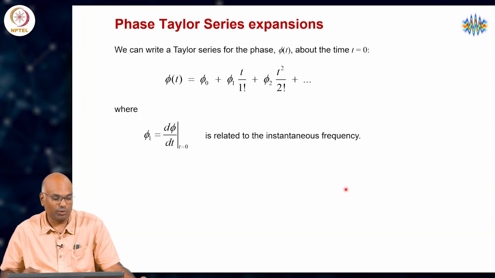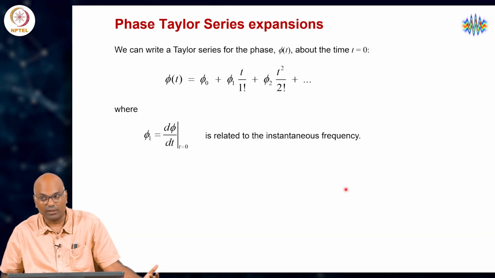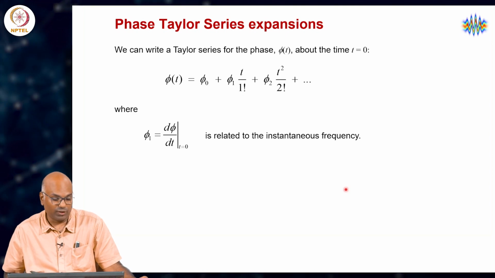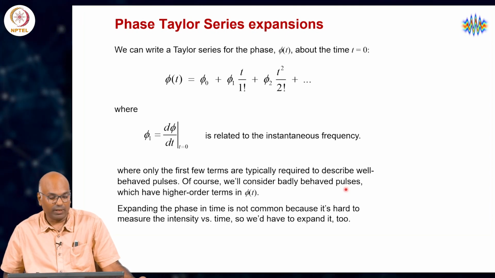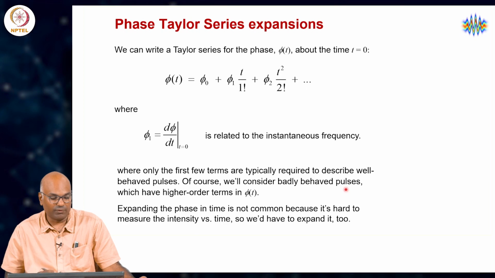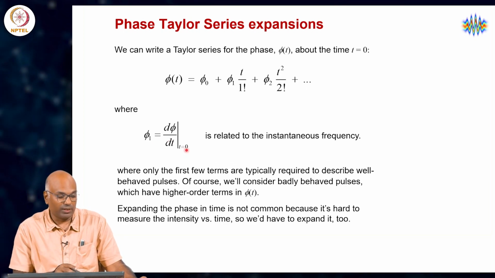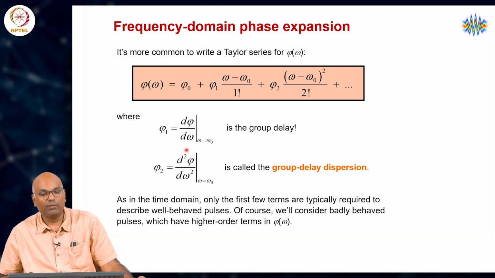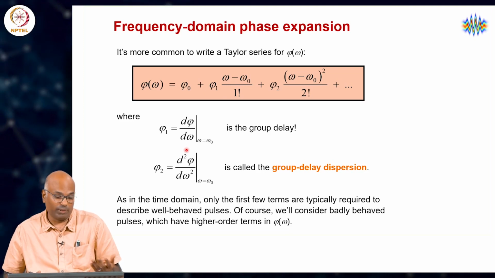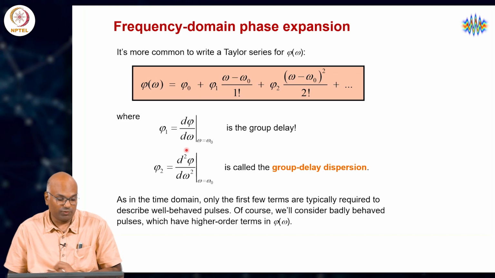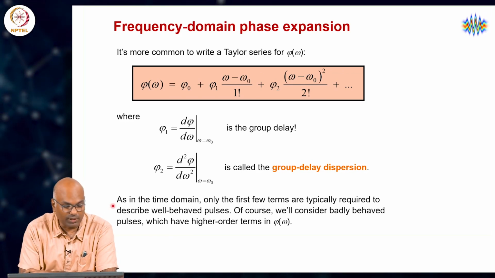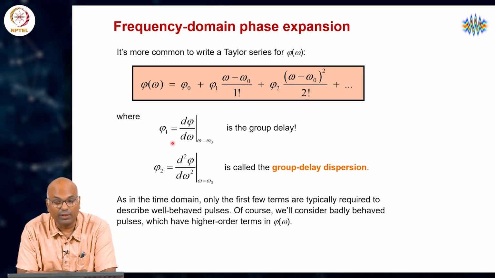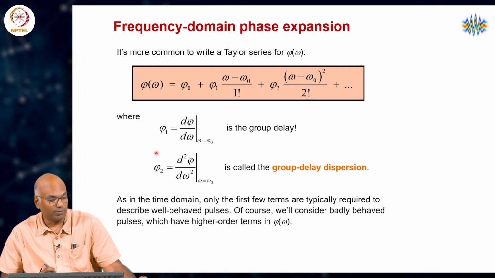We have the 0th order phase, which we call the absolute phase, the initial phase, or even the carrier envelope phase for very short pulses, and we have the higher order terms, where the first derivative at t equal to 0 is related to the instantaneous frequency. Then in the frequency domain, which is our go-to domain, because that is where more often than not, or almost always, measurements happen, the coefficients phi 1 and phi 2 we interpreted as group delay and group delay dispersion.